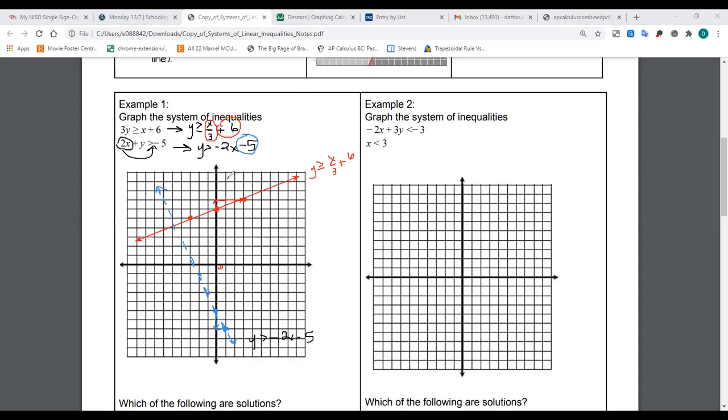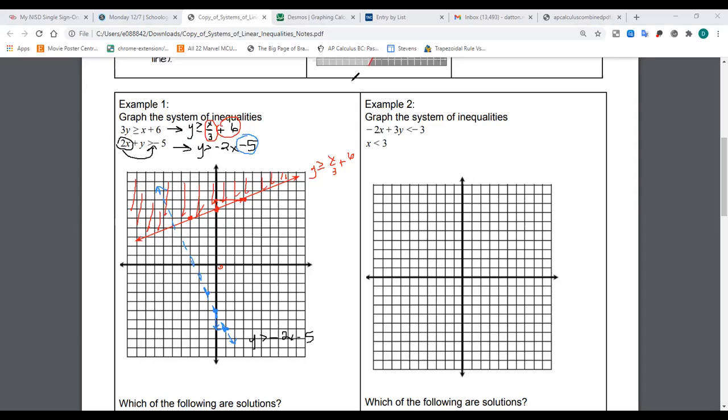So that means I shade everything above this line, this direction. So here's my shading for this guy. That's shading above, right?